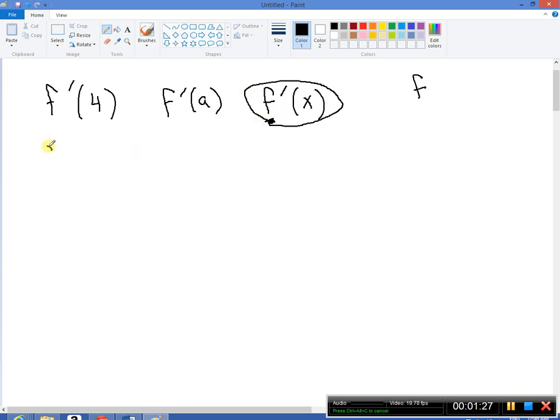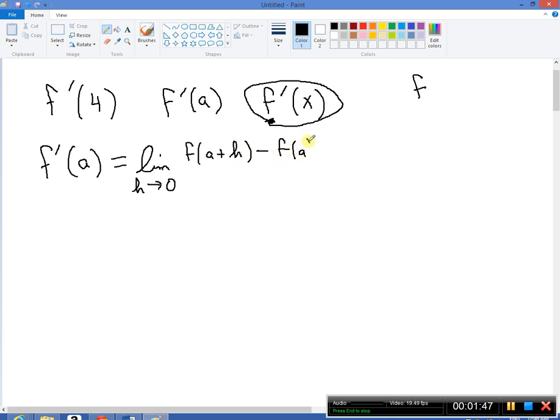Let's look at f prime of a, to remember what that definition is. It's the limit, we'll use the h form, as h approaches 0 of f of a plus h minus f of a, all divided by h.